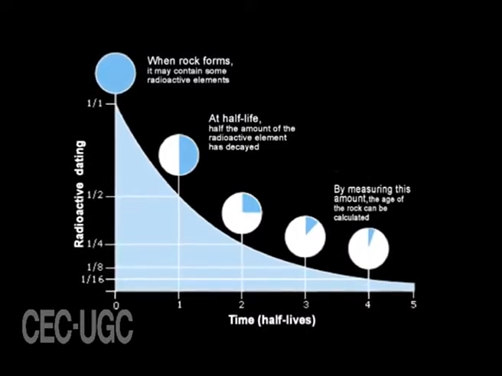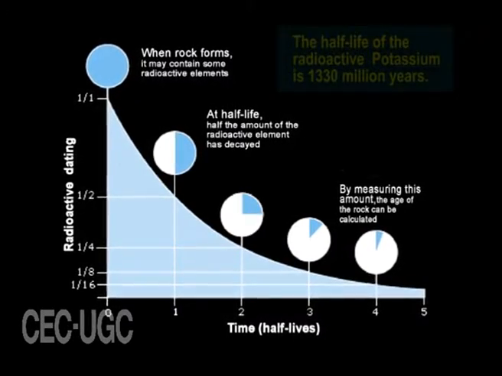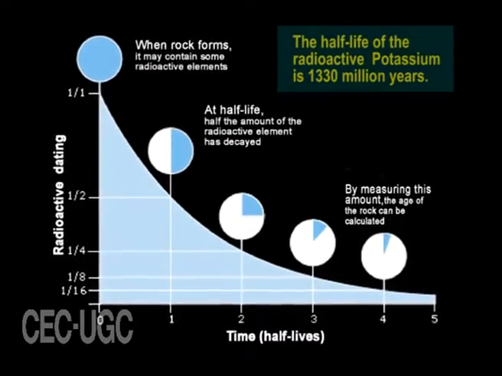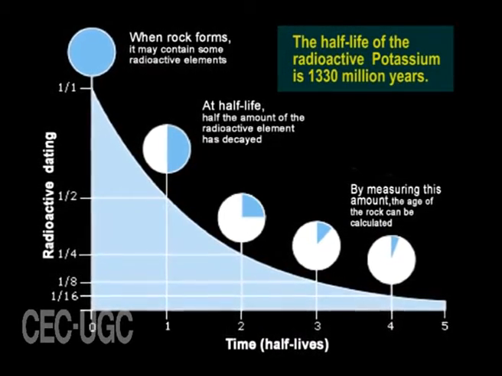a deposit. This method is able to cover a wide range of time, even far greater than the C14 method, because the half-life of the radioactive potassium is 1330 million years.